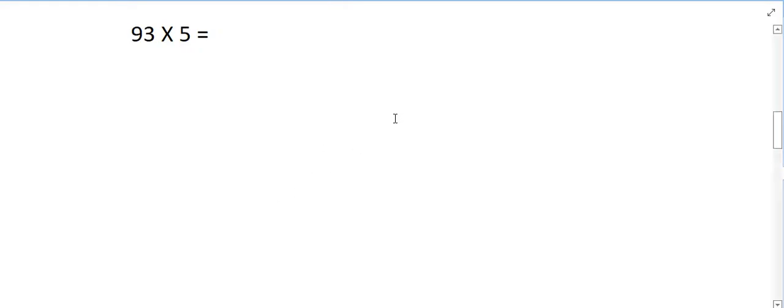Sir, 93 half is 90. Pattern you can split like this, right? Yes, sir. Or you can split like this. Whichever you feel easy. Sir, 90 plus 3 is easy.